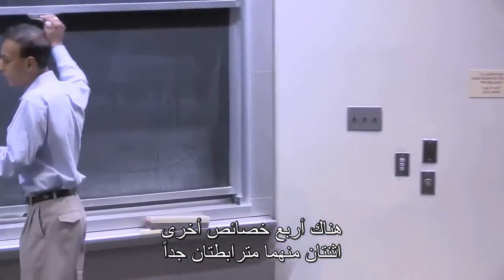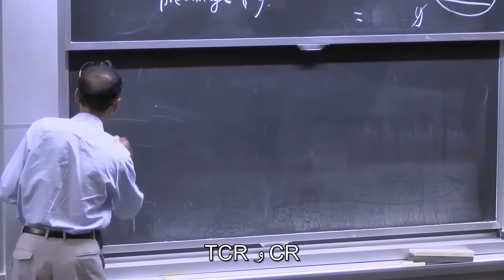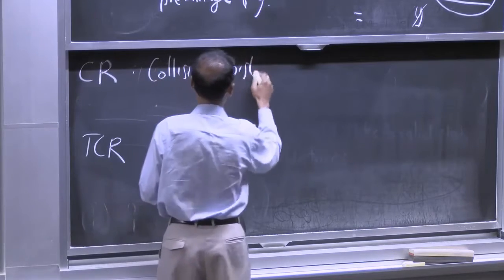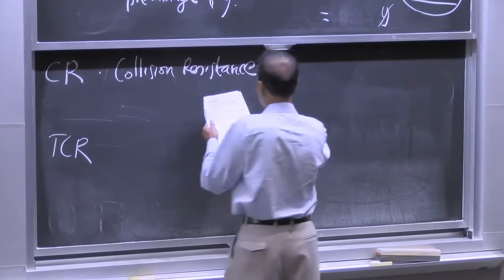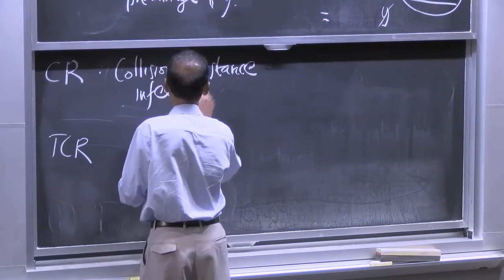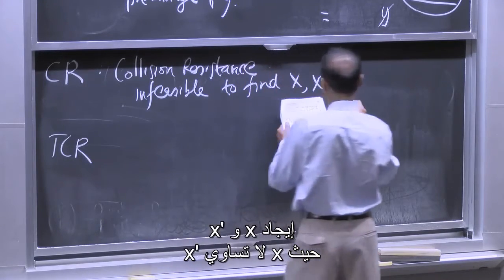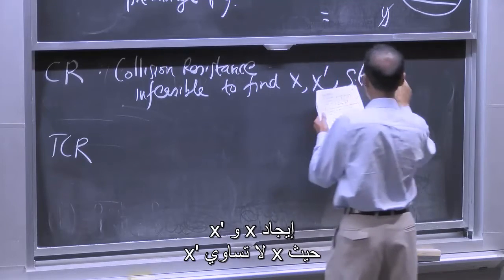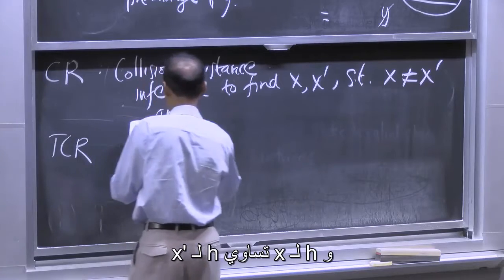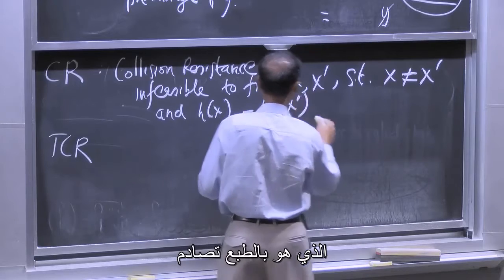There are 4 other properties, 2 of which are very related, CR and TCR. So CR is collision resistance. It's infeasible to find x and x prime such that x not equal to x prime and h of x equals h of x prime, which is of course a collision.